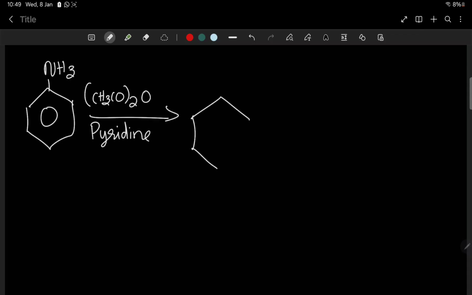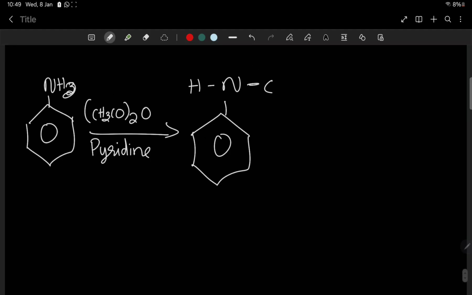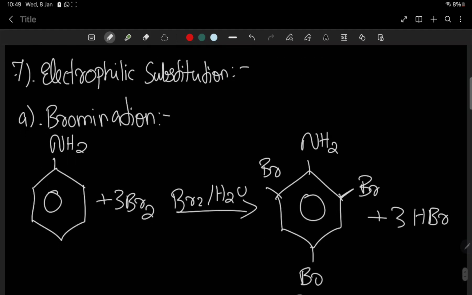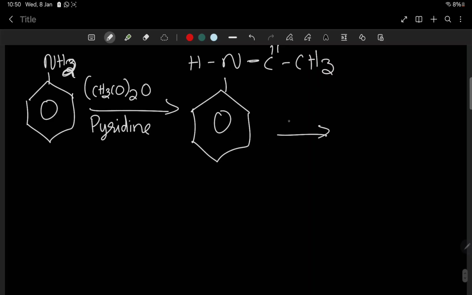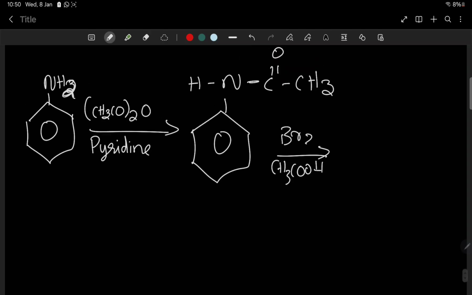What do we get? We get a special compound. One hydrogen of NH2 is replaced by the C=O of the CH3 group from the anhydride. Now into this we are adding bromine in acidic medium or in acetic acid.